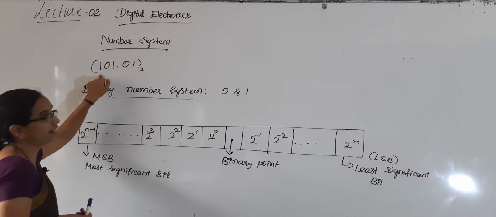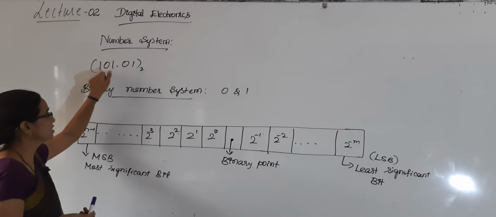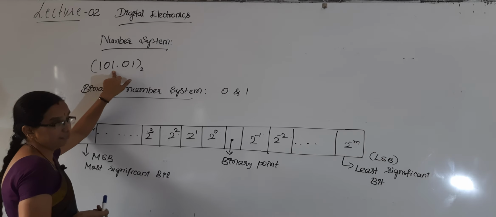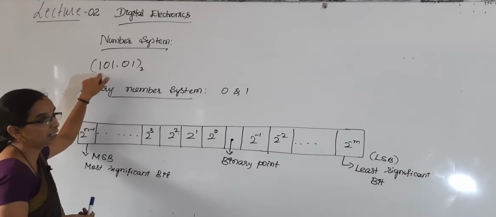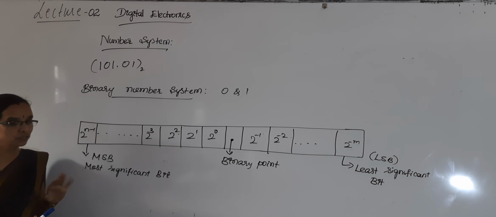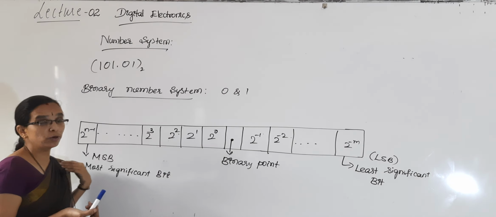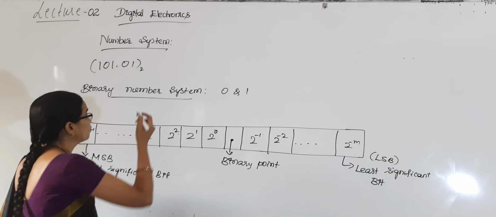It is not the 100 here, right? In decimal number system, it is 10 power 0, 10 power 1, 10 power 2, 100 it will be, but in case of binary number system, you should read like 1 0 1 point 0 1 only.